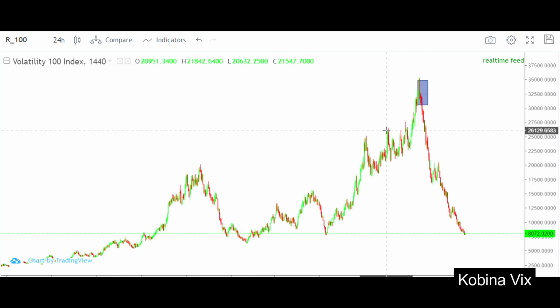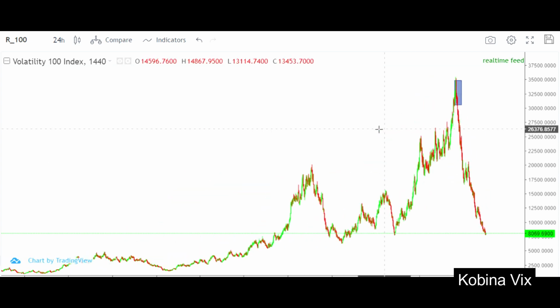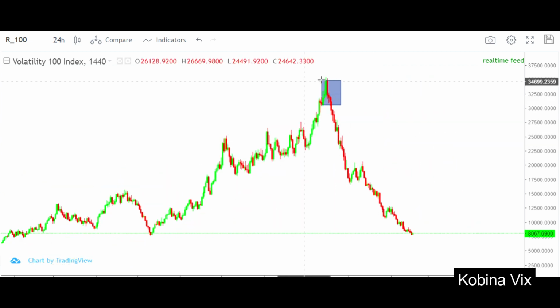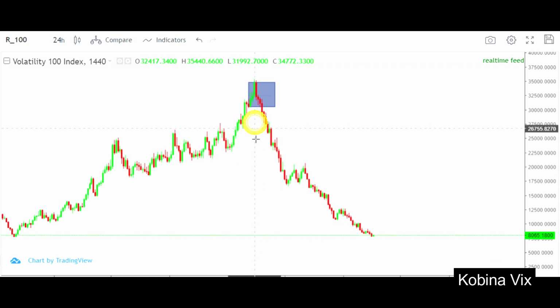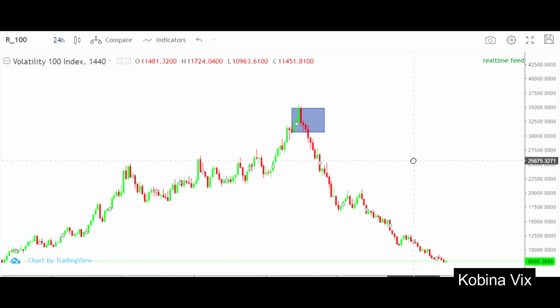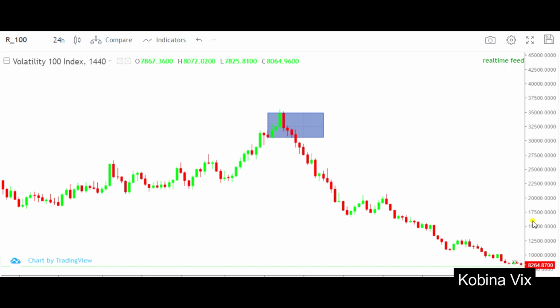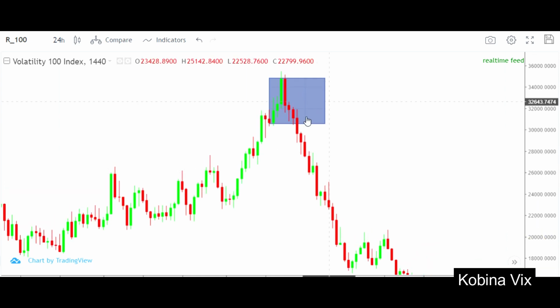So for instance, this is Volatility 100, and price has already gone to take the all-time high. It has climbed to the all-time high and formed this pinnacle here. You can clearly see that the high formed here is the most recent high. And what can you see?